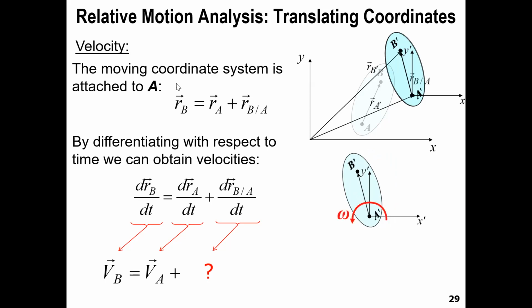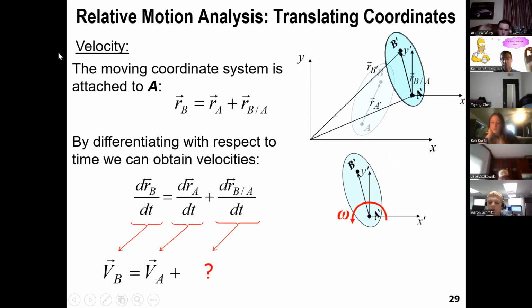With an omega. What was the equation for velocity for rotation about a fixed point? If you go back to your slides.